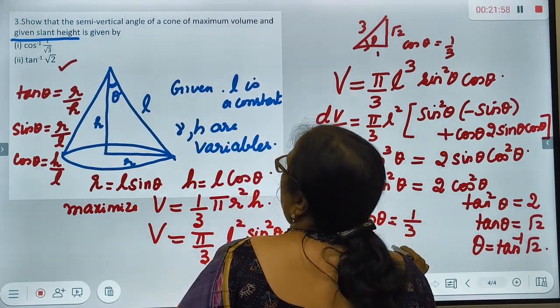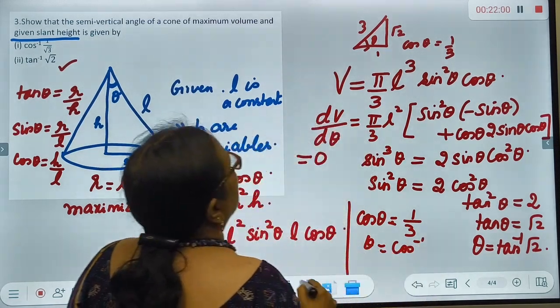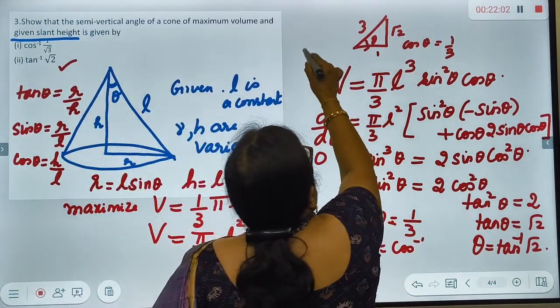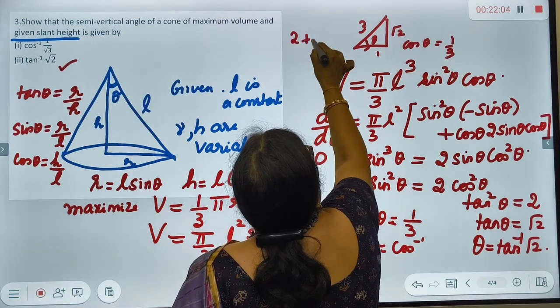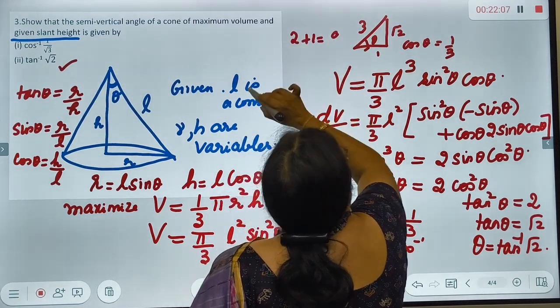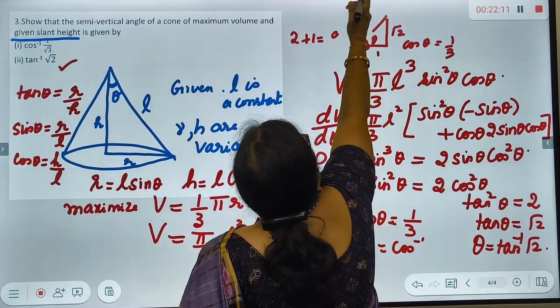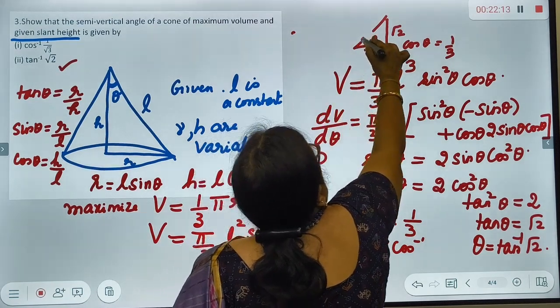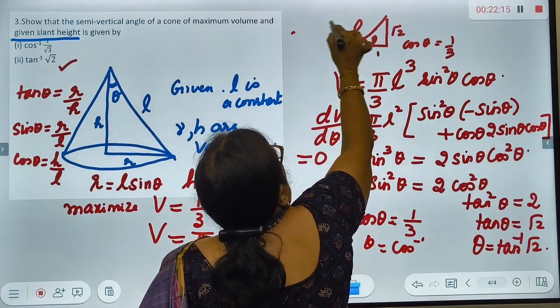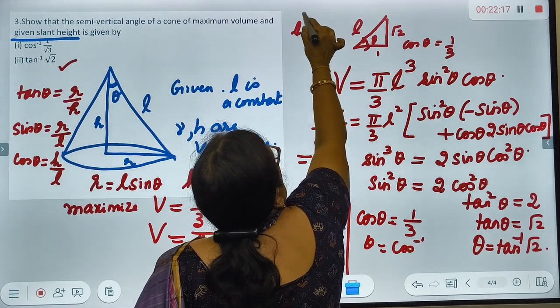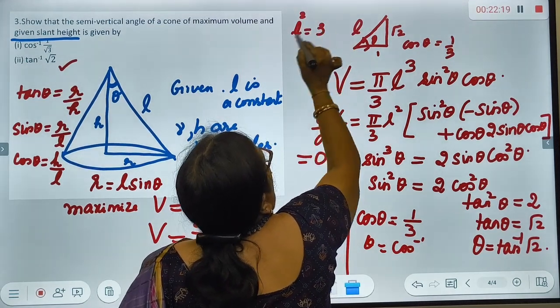Root 2 square is 2 plus 1 equal to 3, so L square is 3.